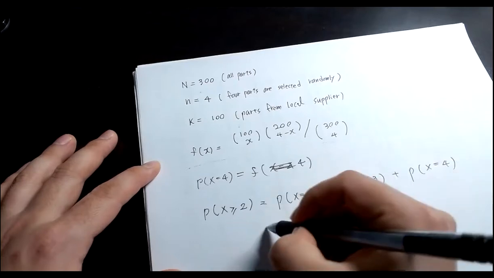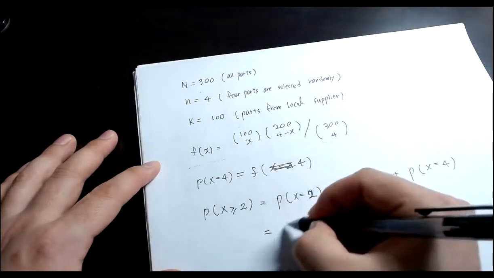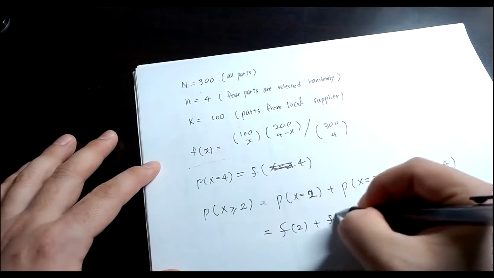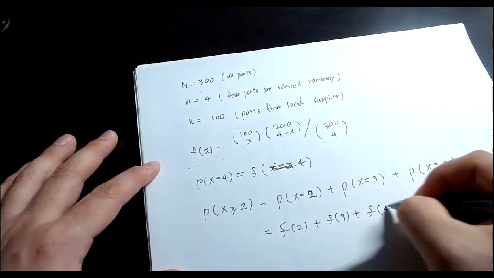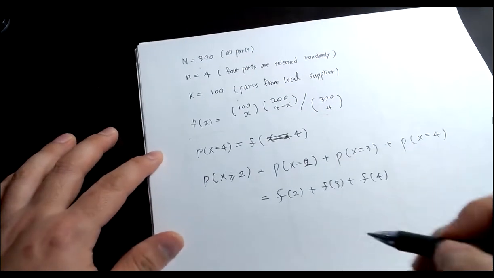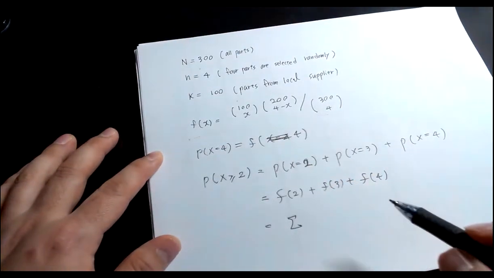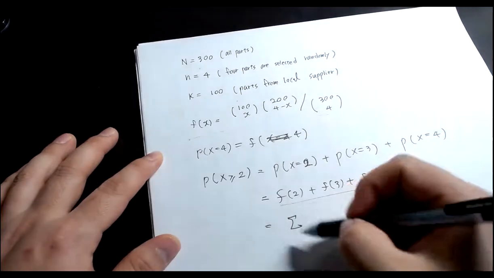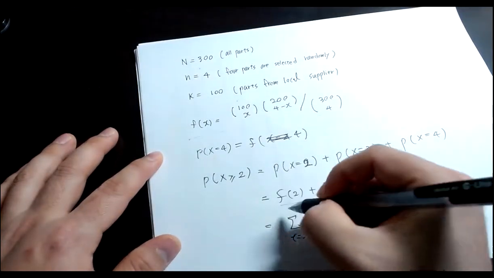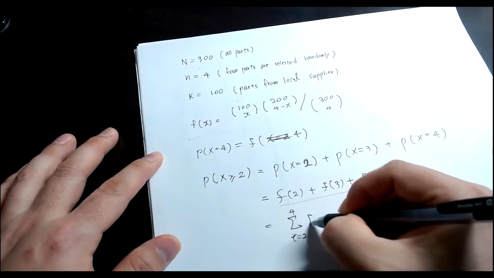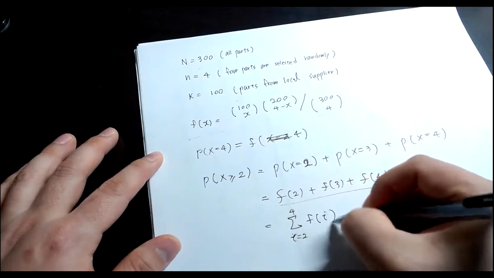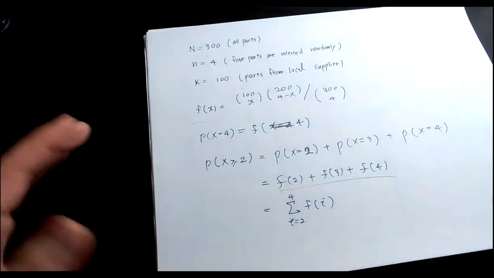That means we need to calculate f of 2 plus f of 3 plus f of 4. Mathematically, we can write the expression as the sum for i equals 2 to 4 of f of i. Either one is just fine.